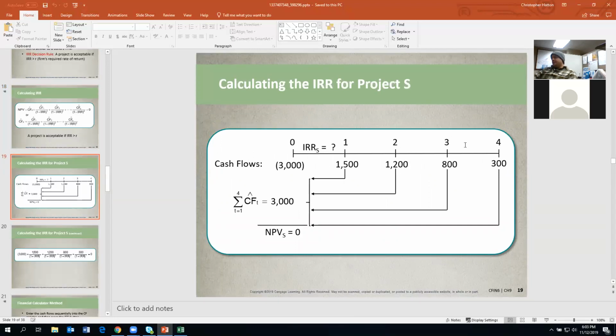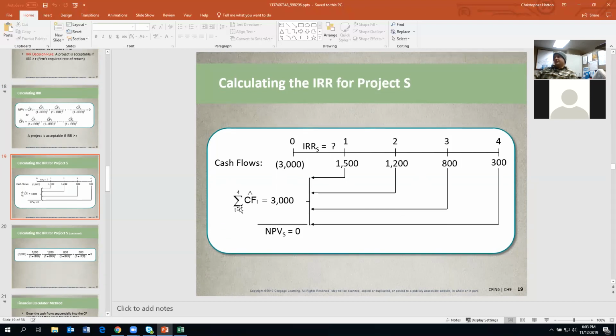So this is getting your internal rate of return for project S. And this is just saying we want to get the sum of all cash flows from year 0 to year 4. And then T is equal to 1 here because we're doing it in 1 year increments. All right. So that's how you read that.